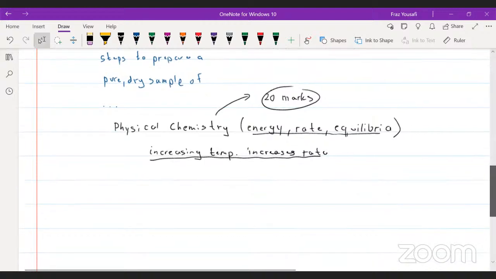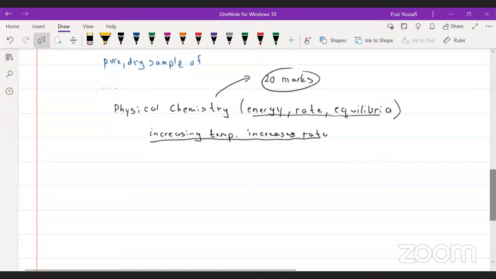Then they turned around, and in the last couple of years, they did it first in the IGCSE, and then in the GCE. They started to make this question worth 3 marks. It used to be straightforward, used to be 2 marks. Then they started to sneak it in for 3 marks, and they said, all right, why? How come? Sometimes what they would do is just say increasing temperature, what would happen to rate, and explain. So one of those marks was simply for you telling them that rate went up.